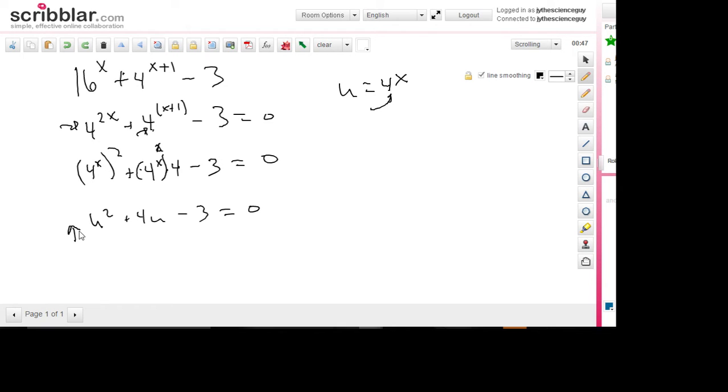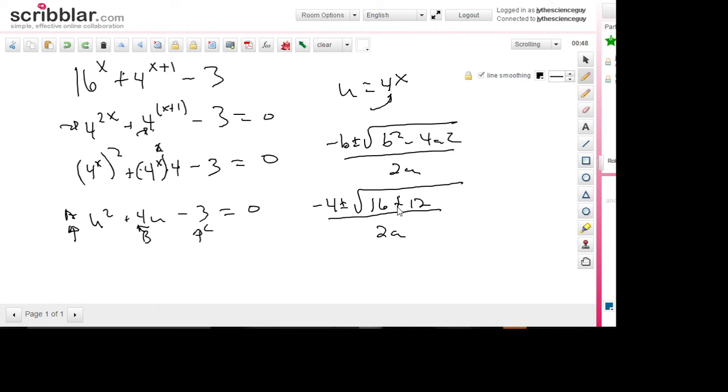So this is negative 4 plus or minus the square root of 16 minus 12 all over 2a. Plus 12, sorry, plus. And so this is just 2.